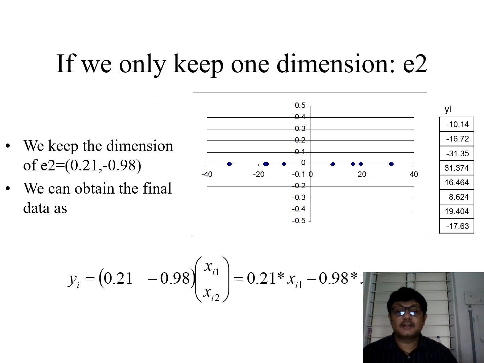If we only keep one dimension, that is E2, we keep E2 equal to 0.21, minus 0.98. We can obtain the final data as yi equal to 0.21, minus 0.98 times xi1, xi2, that is 0.21 times xi1 minus 0.98 times xi2.